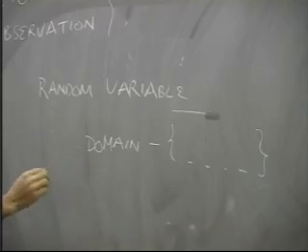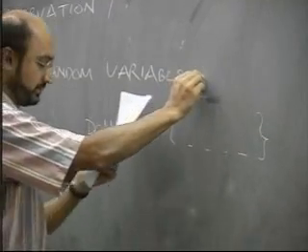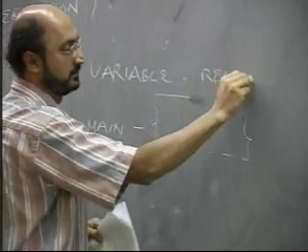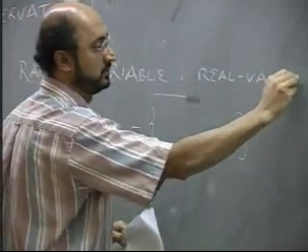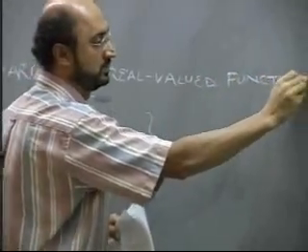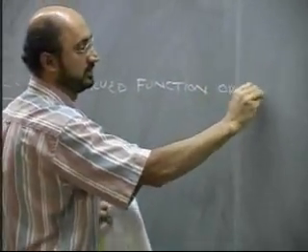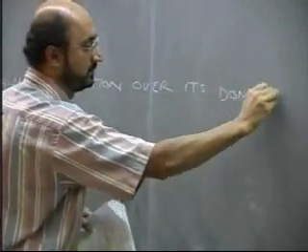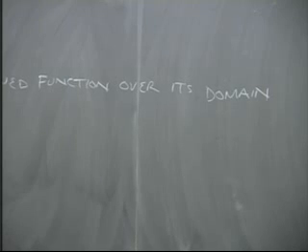So more precisely, you can define a random variable to be a real valued function over its domain. If you're going to throw the die 2 times, all the possible values are between 2 and 12, right? You can never get anything smaller than 2. You can never get anything larger than 12.